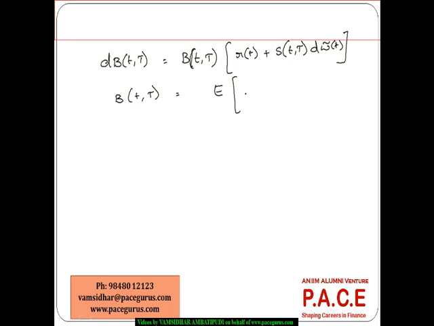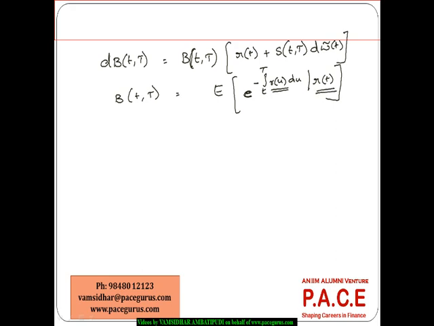whatever is the payoff, e to the power of minus the integral from t to T of the instantaneous rates of interest. I'm trying to find the present value of all these instantaneous rates, given I know the interest rate up to time t, given the filtration up to time t.